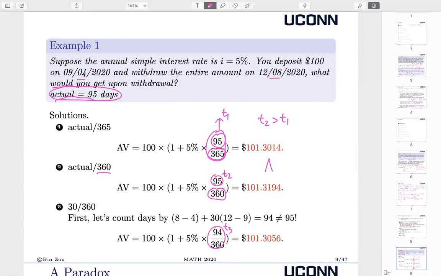It's 8 minus 4, so there are 4 days difference. Next, let's do the difference over months. Here I apply 30 days for each month, and I know the month difference is 3 months. So together I have 90 days. If I apply this rule, the number of days I get is 94 instead of 95.